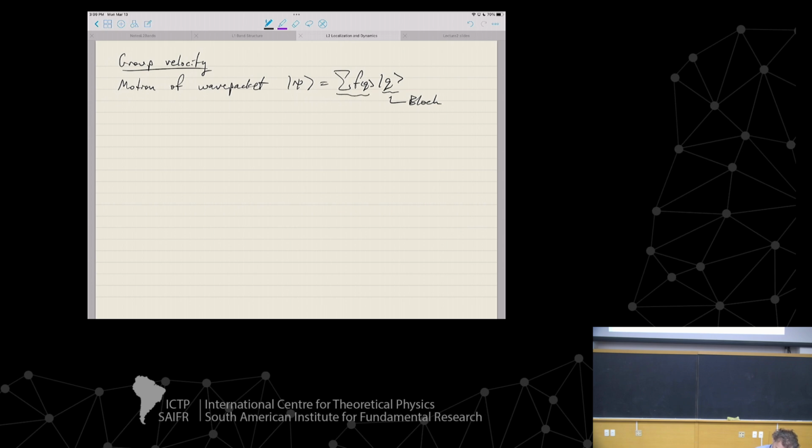But by this, I want to have some kind of narrow distribution in Q. And in Q space, what I'm going to say is that this function is centered at some central quasi-momentum with a width which is much smaller than the Brillouin zone size.